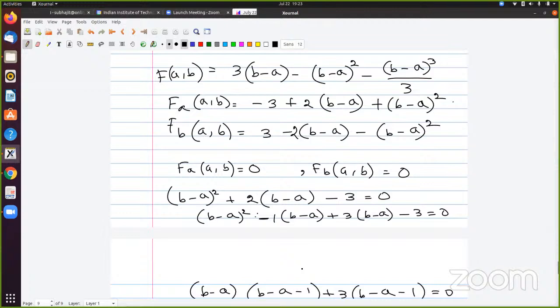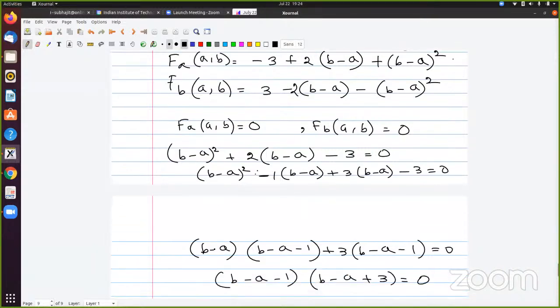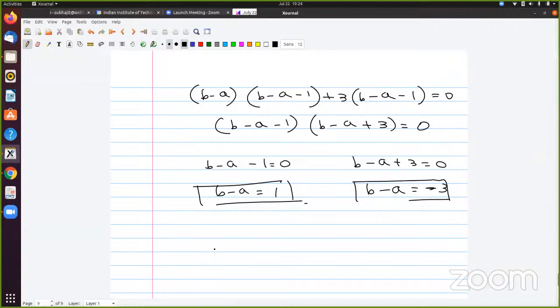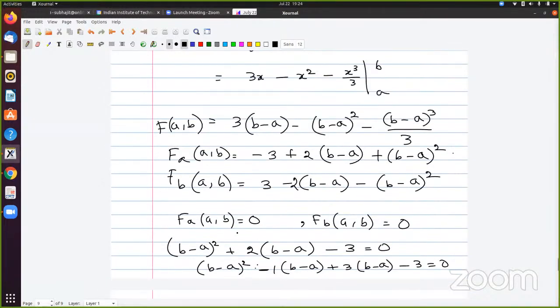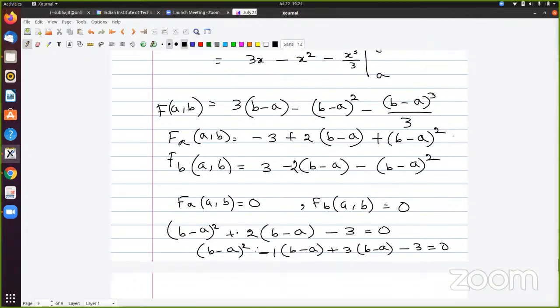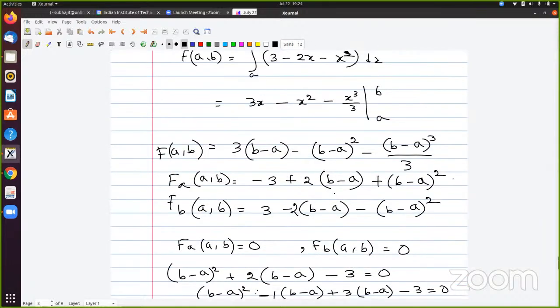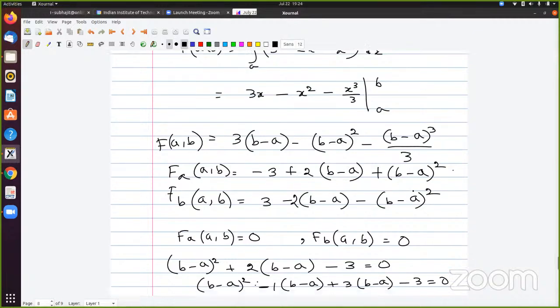So what is the second order derivative of this function? What is f_aa? So minus 2 from here, and minus 2(b minus a).